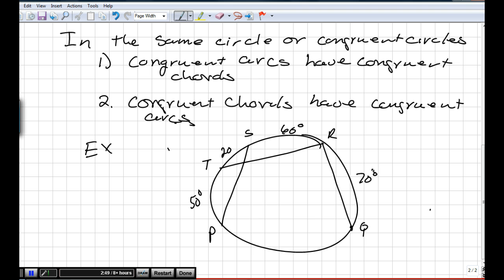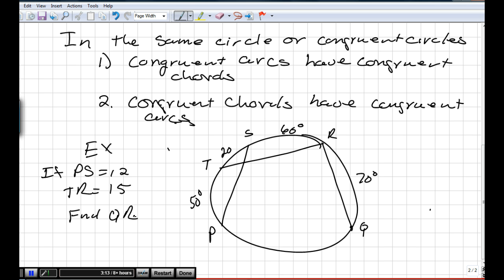Then if length of PS equals 12 and length of TR equals 15, what is the length of QR? Okay, so we want the length of QR.